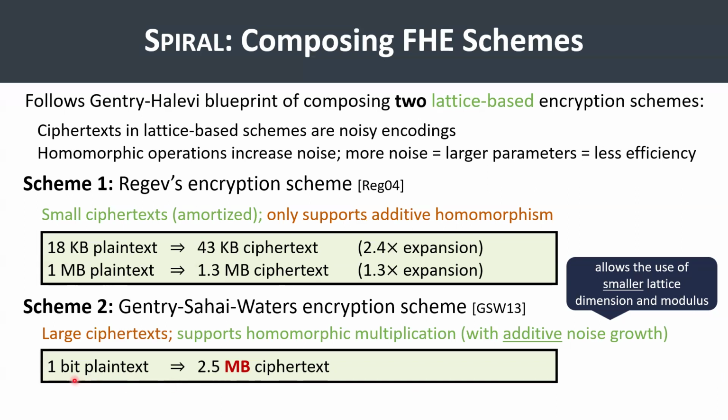It goes from 1 bit to 2.5 megabytes. So this is an extremely large ciphertext expansion. You can imagine if I have to encrypt a database using the GSW encryption scheme, that's a 1,000,000x overhead. So a gigabyte becomes 1,000 terabytes. This is not going to be practical, but it has very good homomorphic multiplication.